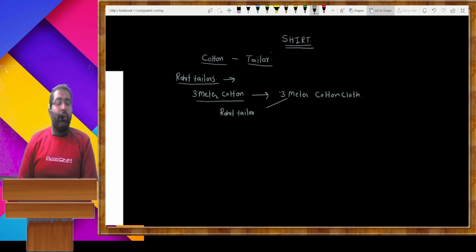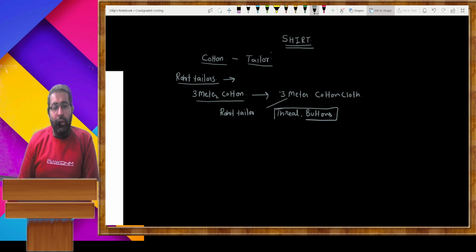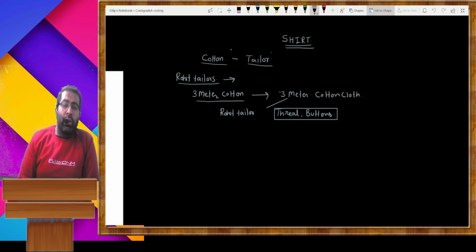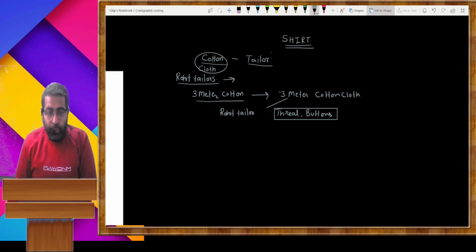No. There is a need of some other material, like thread, and buttons. But think that the tailor asks you to bring only cotton cloth, nothing else.